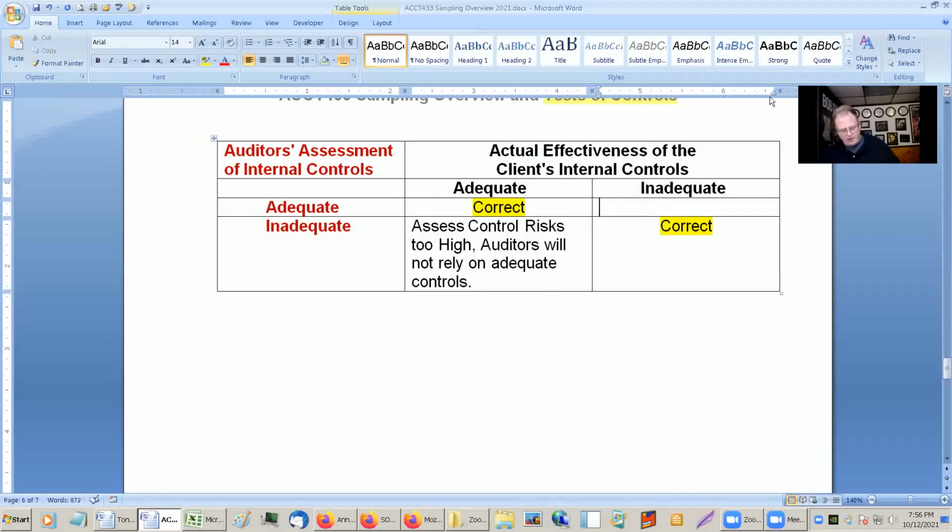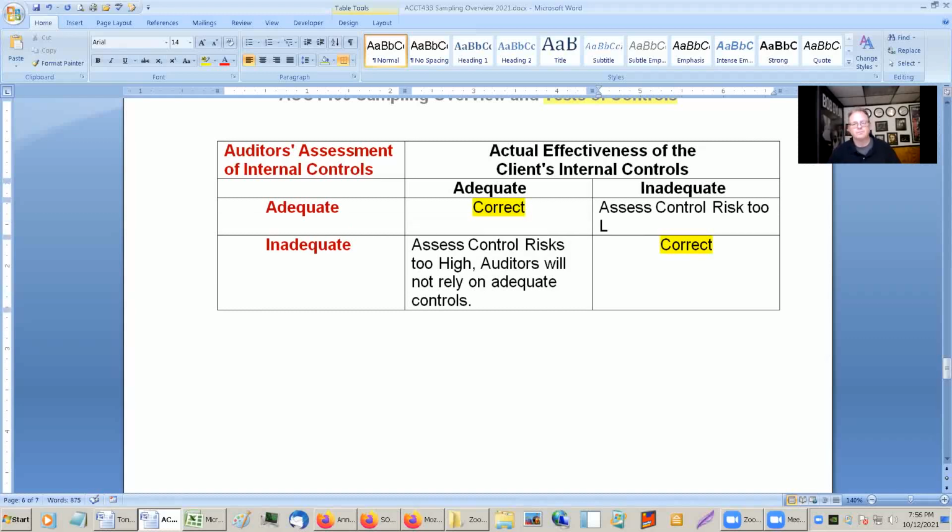Okay, over here, this would be kind of the opposite end. It says control risk too low.